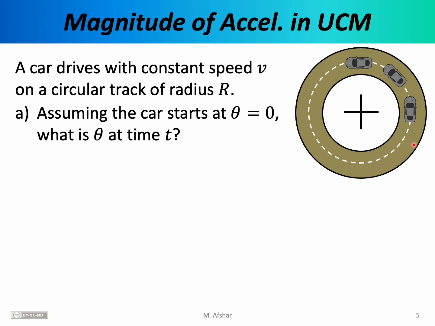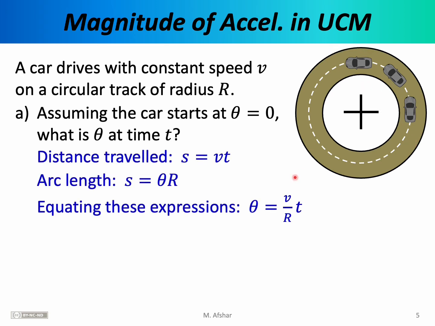To calculate the angular position of the car, we need to recall some important facts. First of all, distance and speed are related. So the distance s that the car travels is equal to the velocity of the car times t. It's also important to remember the arc length formula, which describes the length of an arc of a circle spanned by angle theta.